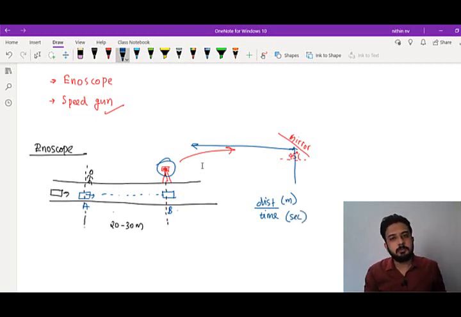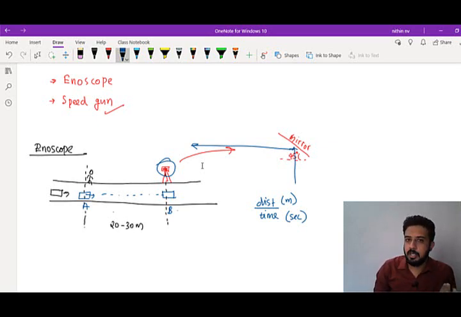So we are going to get the speed in meters per second. Later we can convert into kilometers per hour, for accident analysis or for intersection designs or for capacity calculations. We generally take the values in kmph. So I hope you understood what is Enoscope.